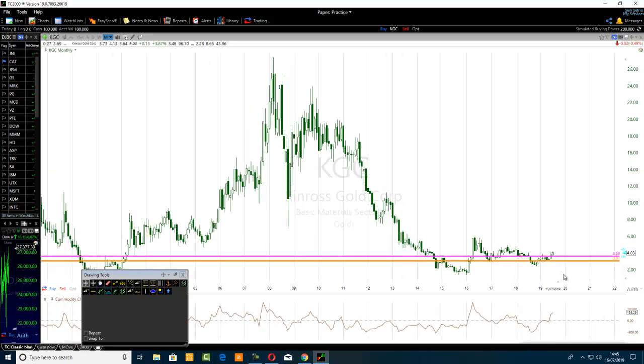Now, if it goes down below that level and reaches $3.01, understand that $3.01 is another important support level. So if it goes below $3.59, it may consolidate between $3.59 and $3.01. Those are two key levels.